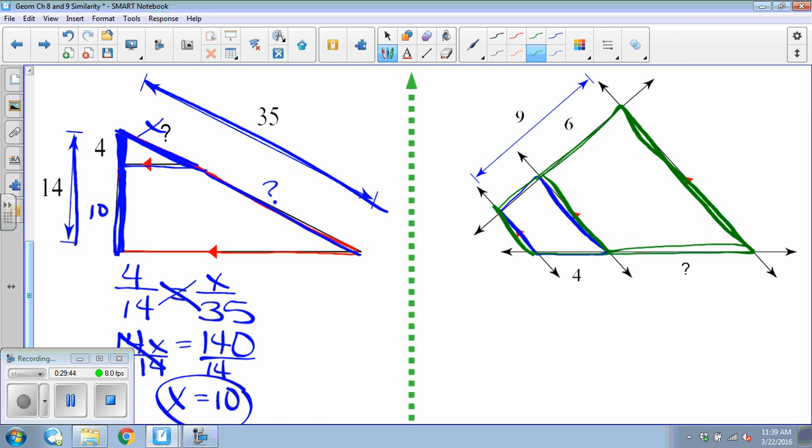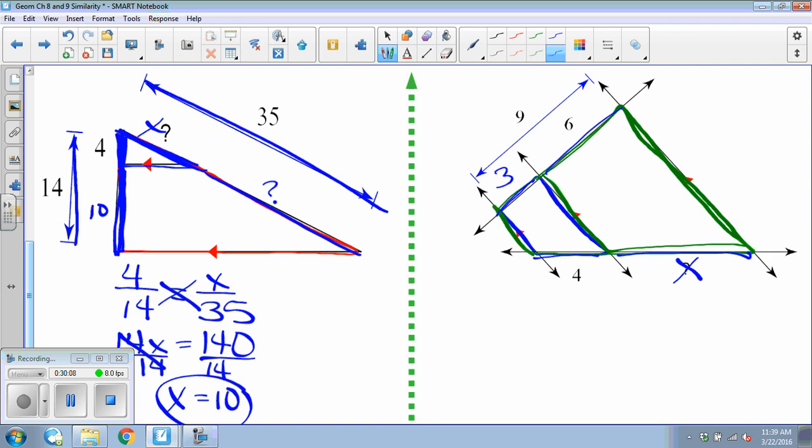So, if you need to set this up, we need to solve for this right here. So we have to find this. So I could say 4 over x equals this piece over this piece. Well, what's this piece? 3, because if the whole thing's 9 and this is 6 and this piece is 3.